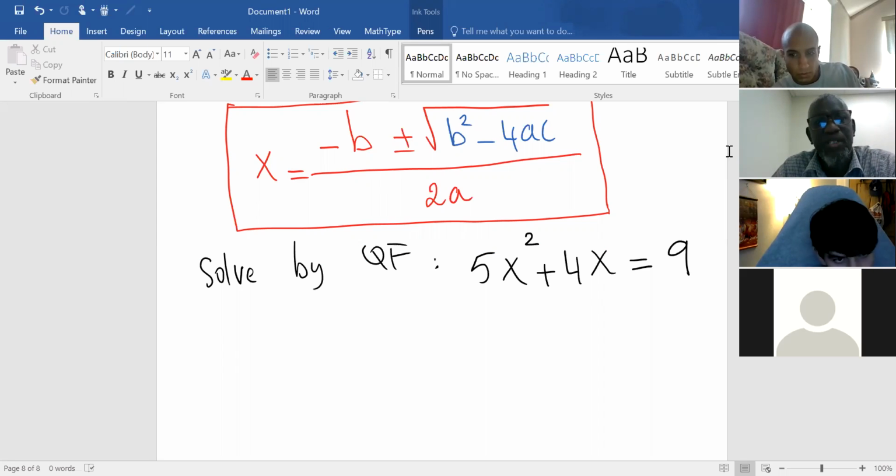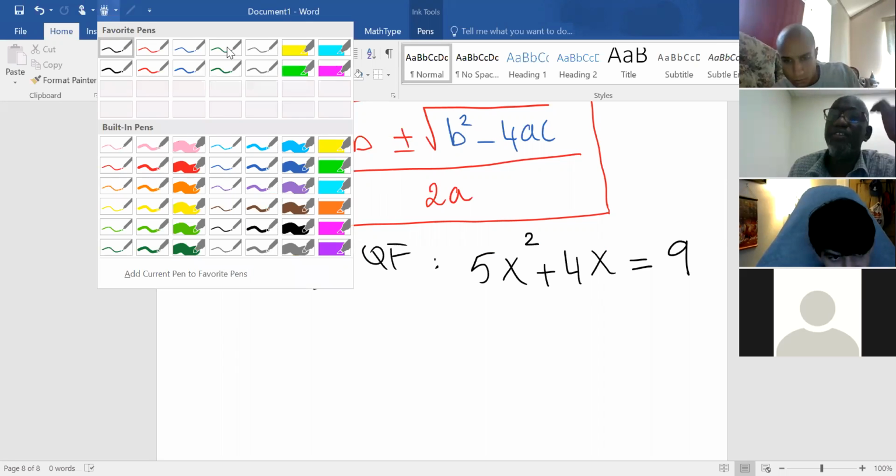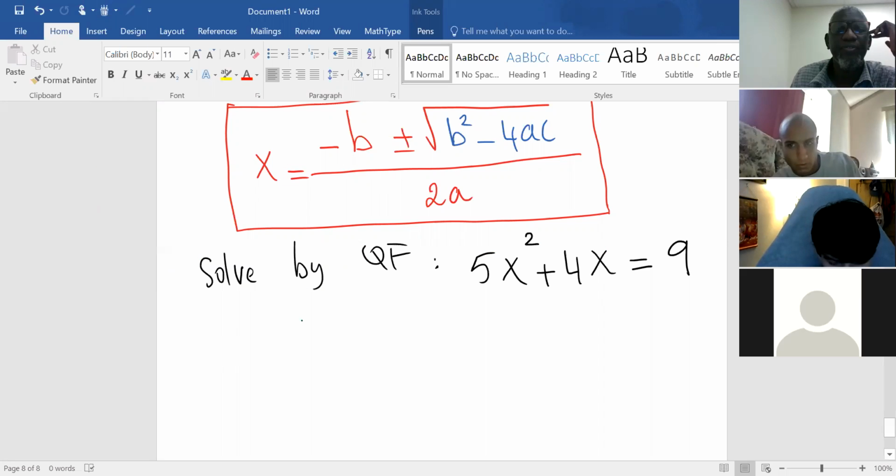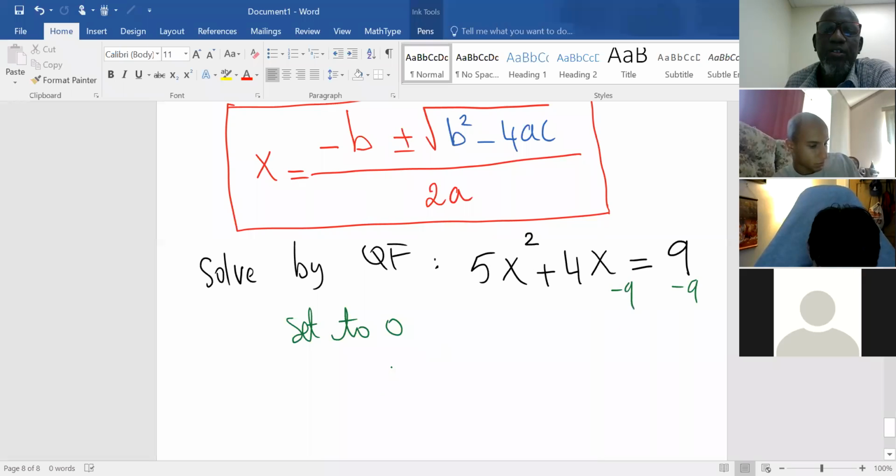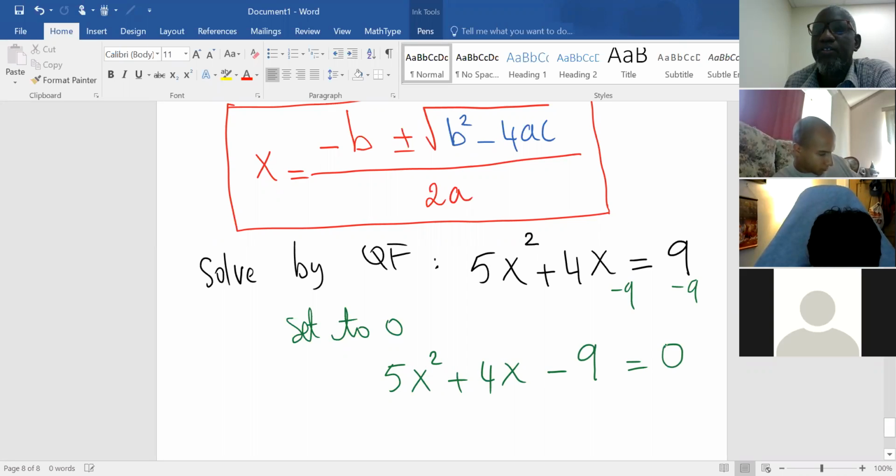Common sense says to move the 9, so we get 5x squared plus 4x minus 9 equal 0.